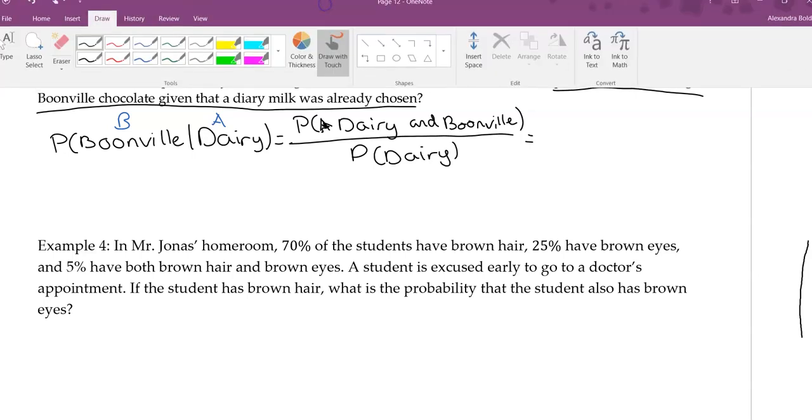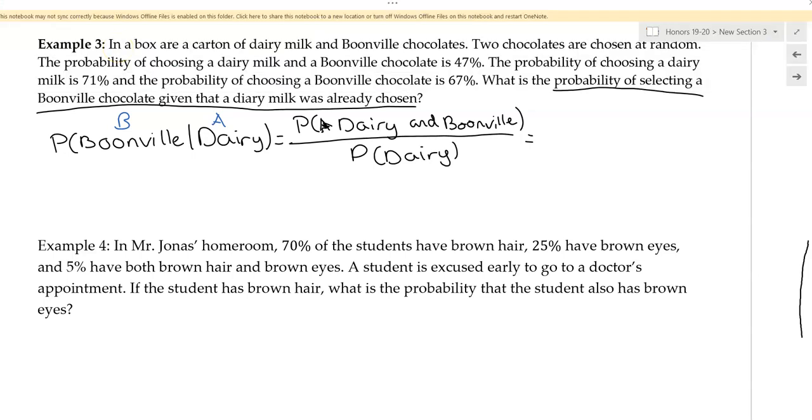So the probability of dairy and Boonville is 47%, so that's going to be 0.47.